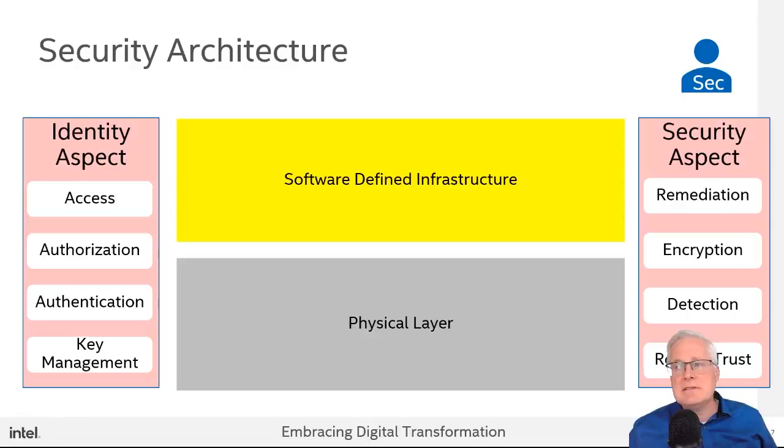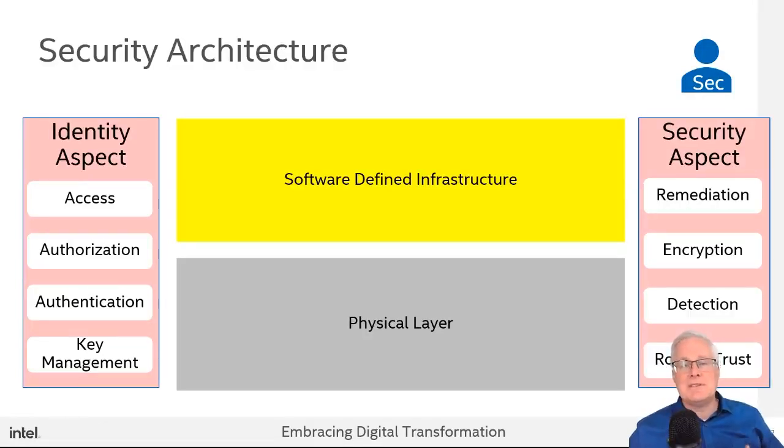This means that I can identify not only users in my infrastructure, but I can identify infrastructure, applications, and services, so that everything has an identity and that I can tie those identities to specific authorization and access, make sure that everything's authenticated, and I'm going to have to manage keys across this infrastructure that could be in the cloud or on-prem. It could be all over the place. So having a good identity management system is an important aspect here.